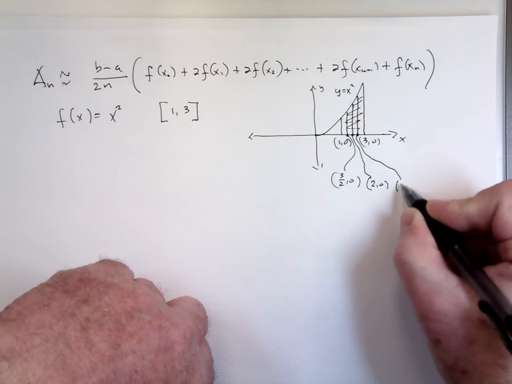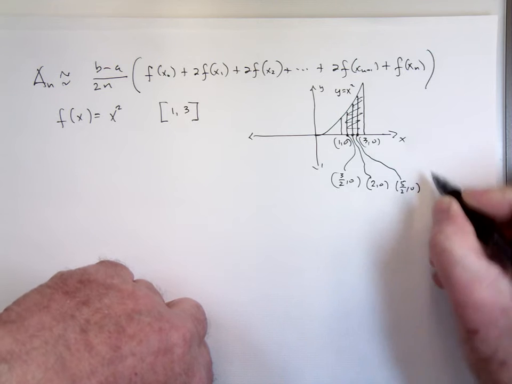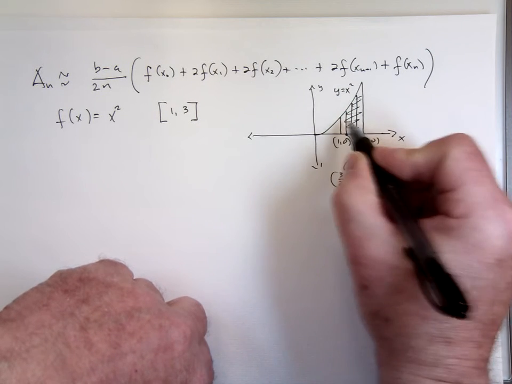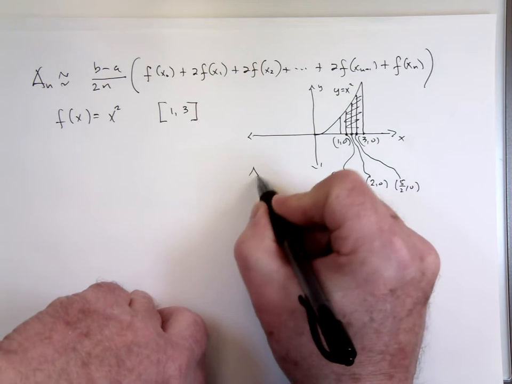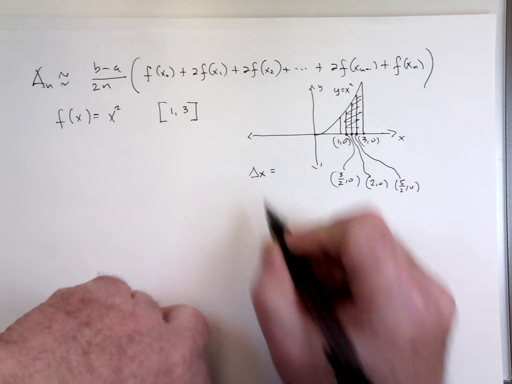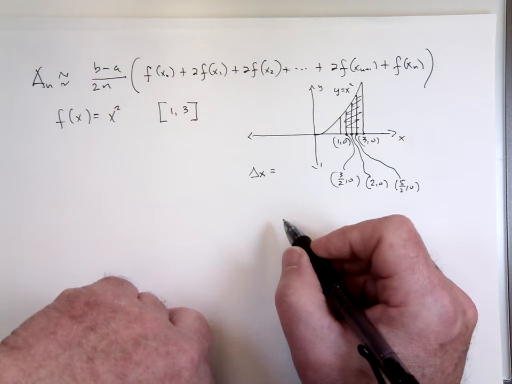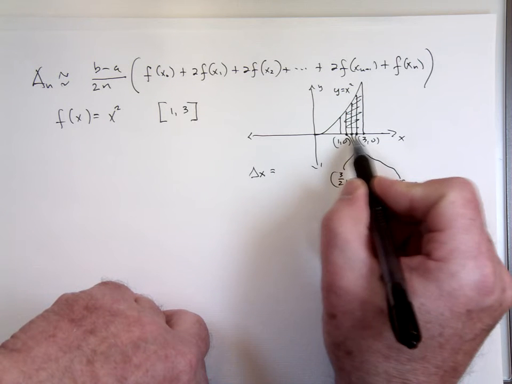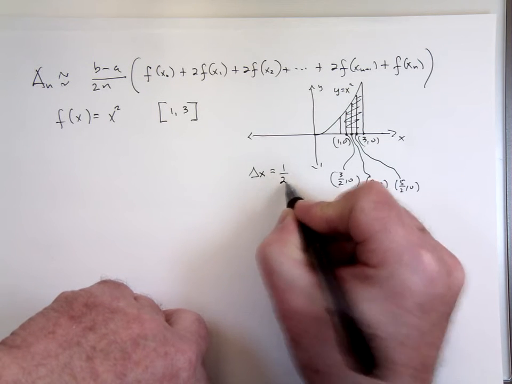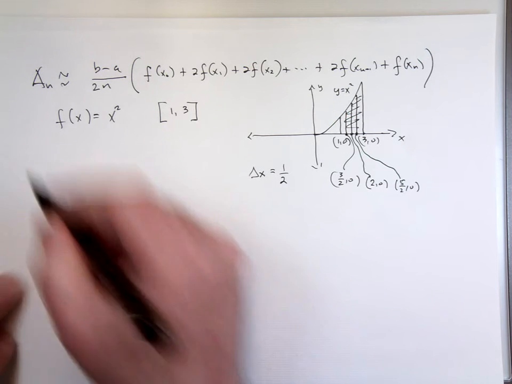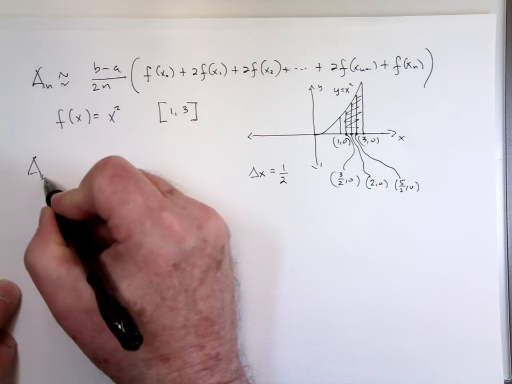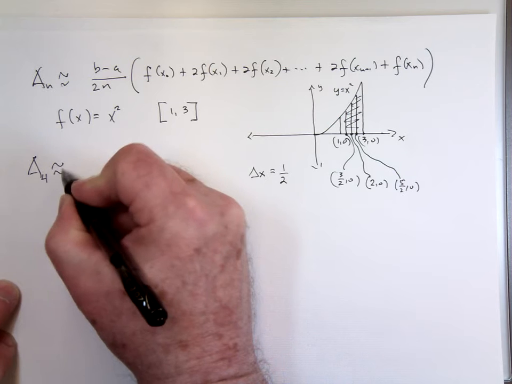Good deal. And then 3. Okay. What's the delta x in this case? The width of each one of these? 1/2. Thank you.